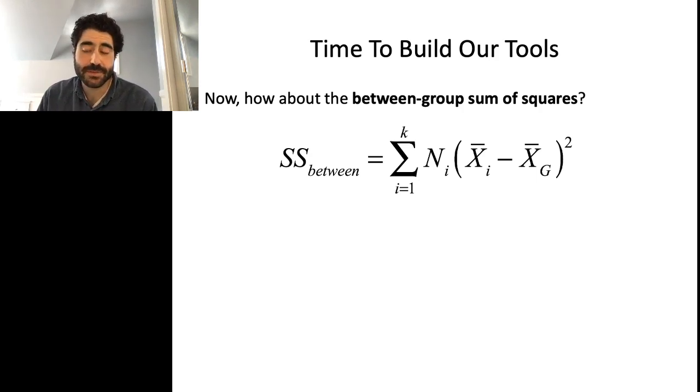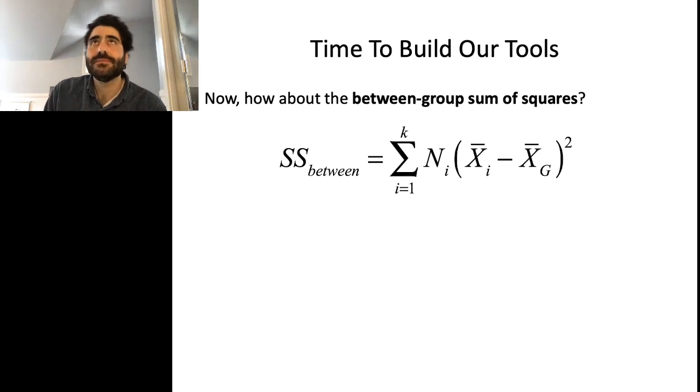If we have k different groups, for each group we take the mean of that group, see how far away it is from the grand mean, square that difference, and then multiply by the number of points in that group. So this is a summation over all the groups. For every group, we measure the squared deviation from the grand mean, and then we weight by the number of points in that group.